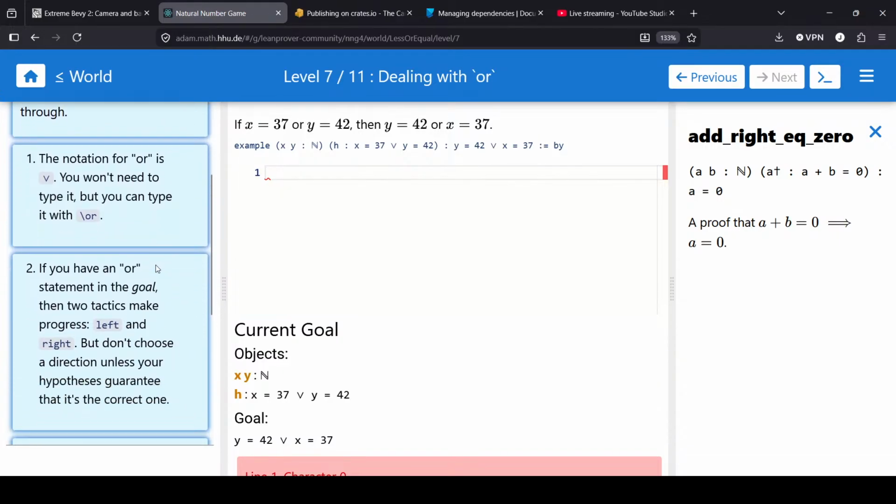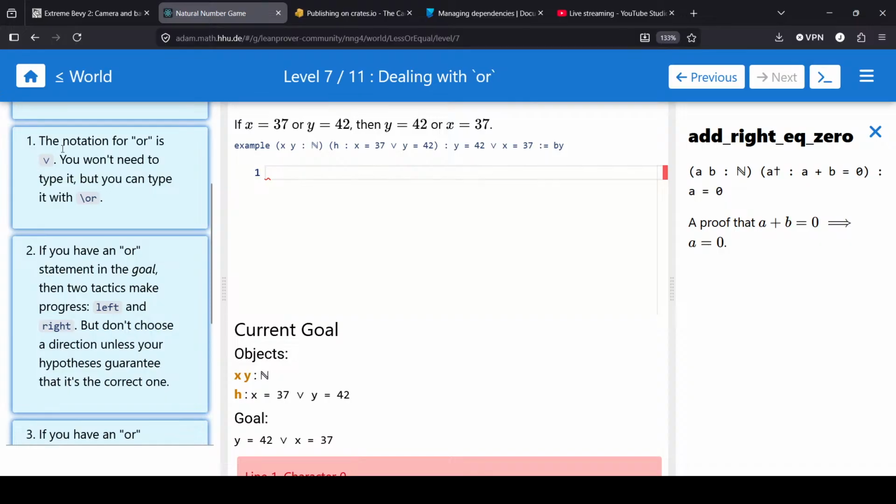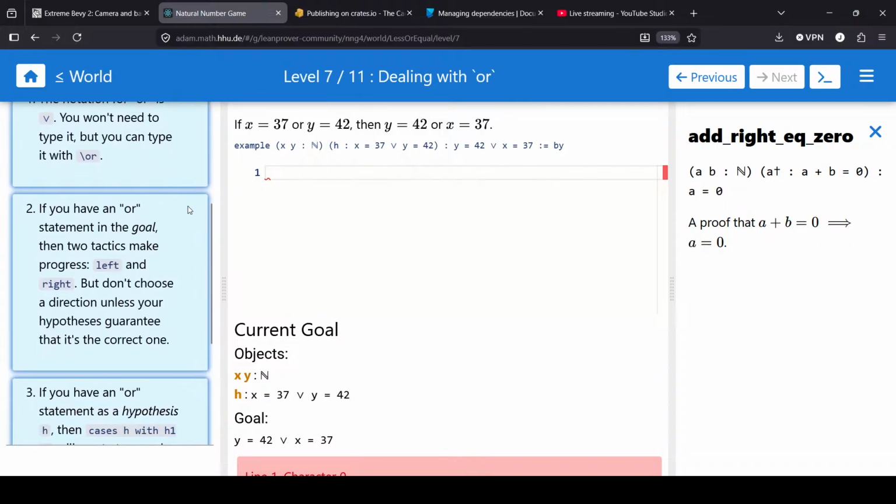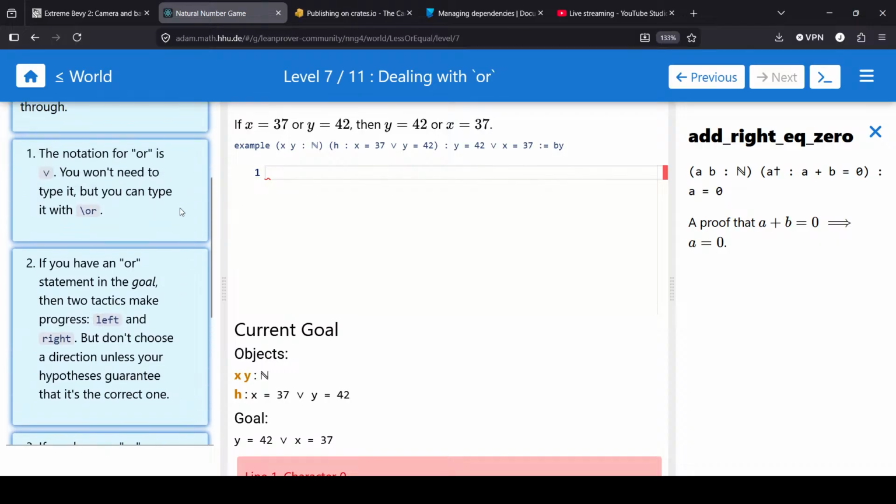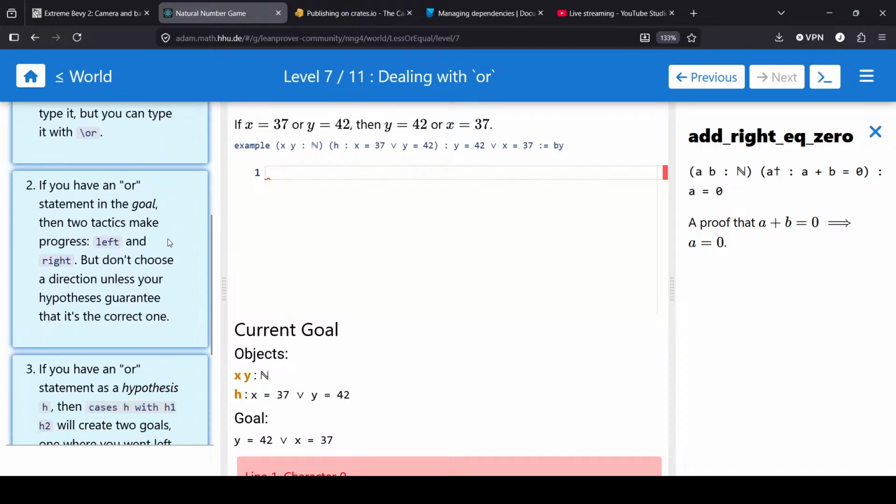OR. So the notation for OR is this V. You won't need to type it, but you can type it with \OR. If you have an OR statement in the goal, then 2 tactics make progress, left and right. But don't choose a direction unless your hypotheses guarantee that it's the correct one.